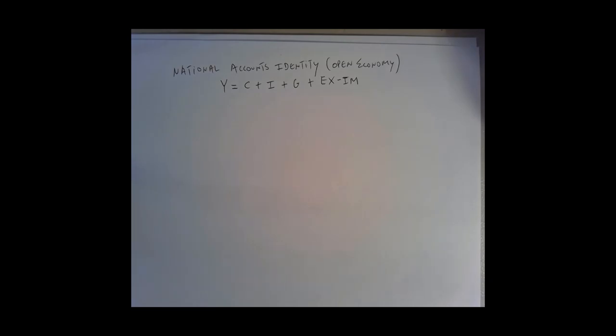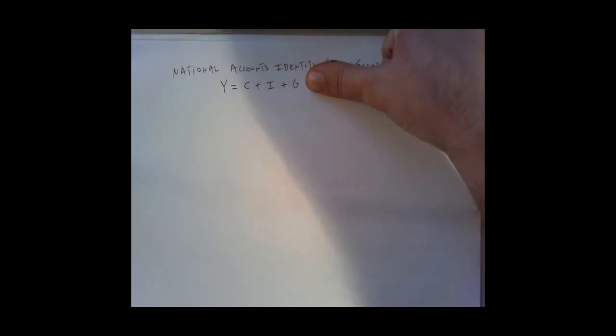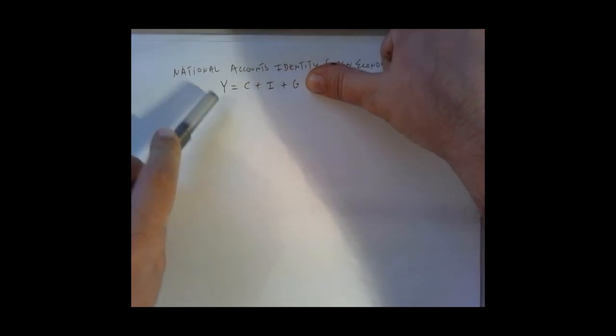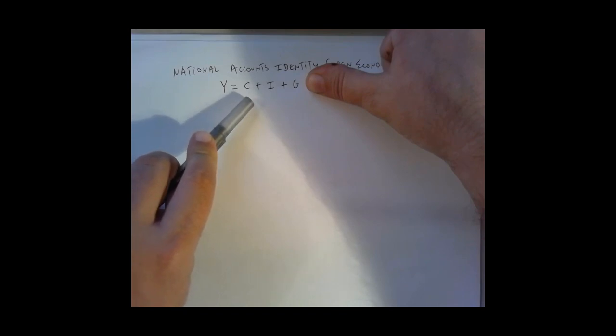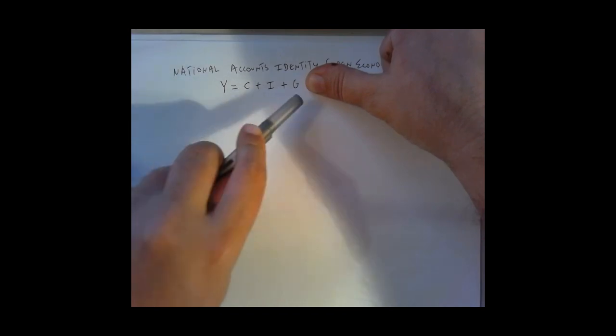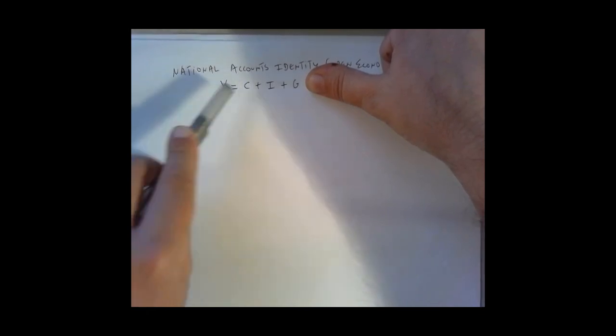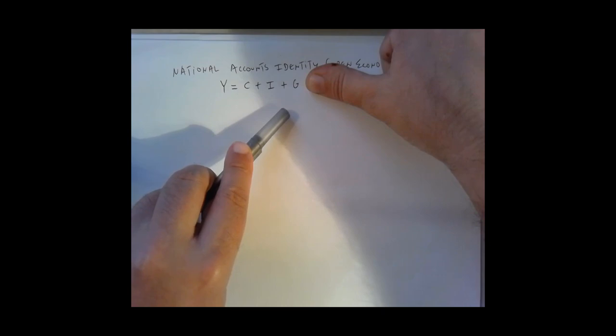The national accounts identity that you learned in Principles of Economics, if it's shown just like this, where income, whatever is produced in a given nation, is equal to whatever is consumed, invested, and purchased by the government, it refers to a closed economy.